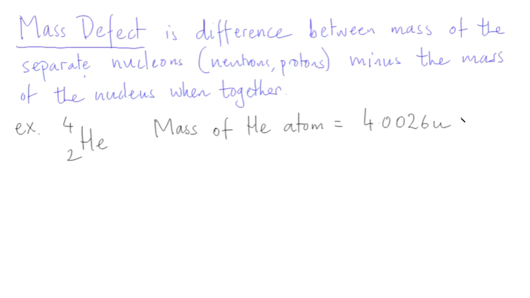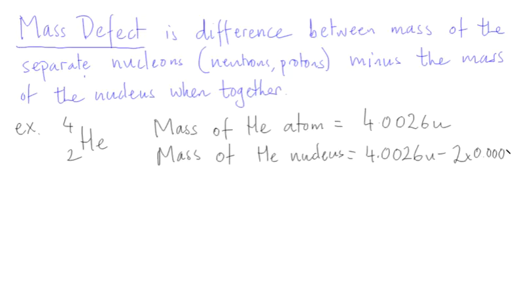What do we have to subtract from this mass? Mass of the electrons. The electrons have a small mass. It will be 4.0026 u minus 2 lots of, and the mass of the electron in unified atomic units is very small, 0.000548.